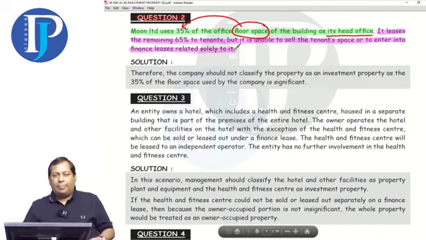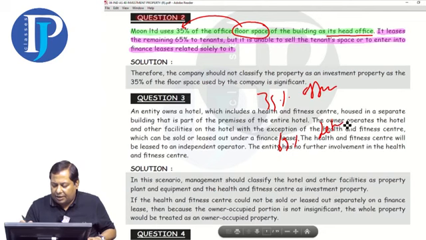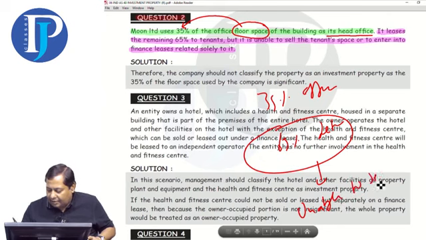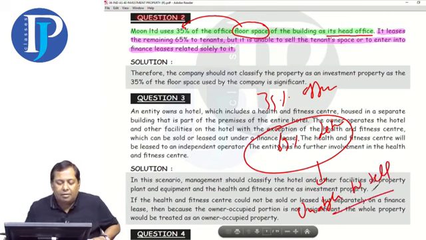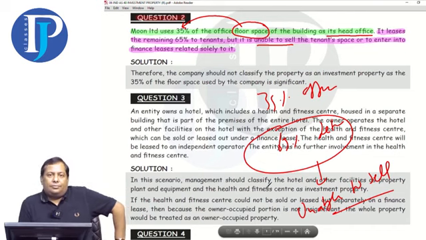Did you understand? They have set up their office in 35% and they have let out 65%. And they said this is unable to be sold. Unable to sell here means this has become a case of inseparability.